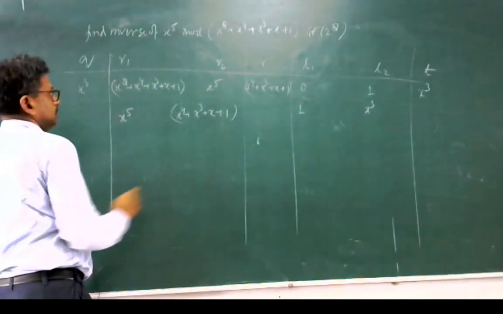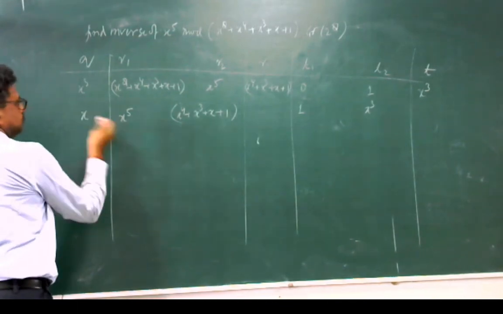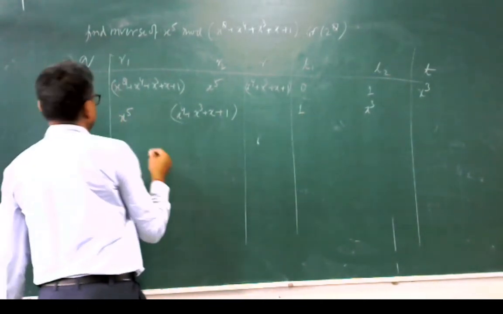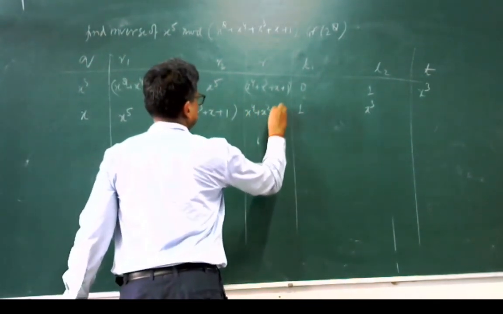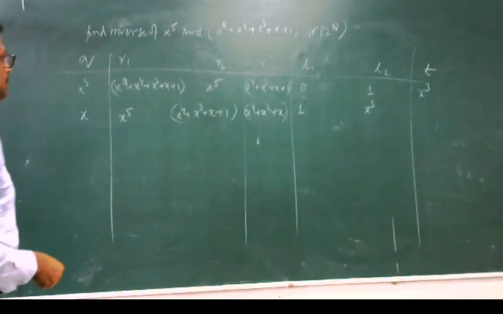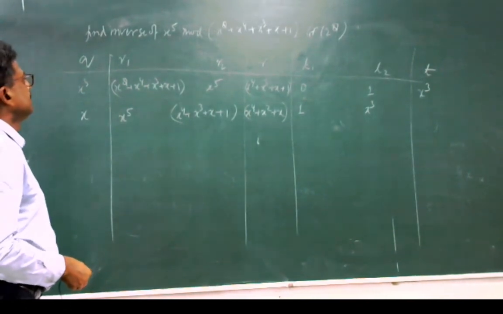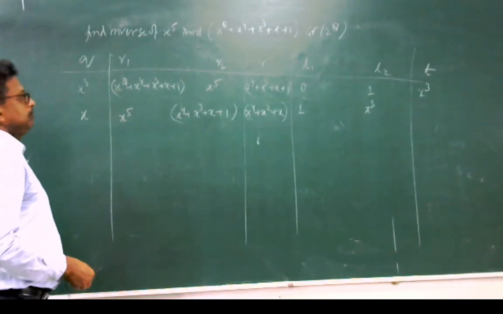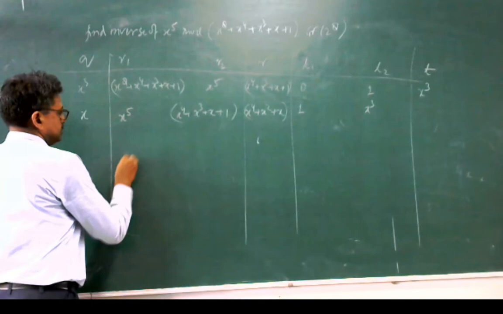So let us find out R. So when we divide, it will go x times, so that x to the power 5 will be cancelled out and you will be left with x to the power 4 plus x square plus x. कैसे आएगा देख लीजिए.